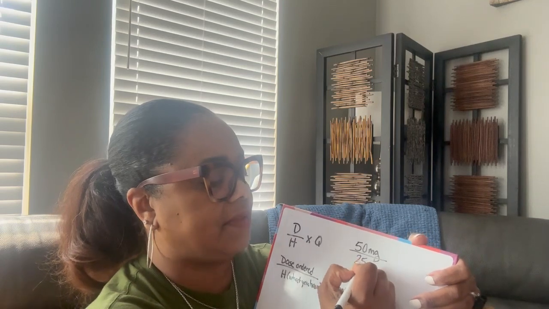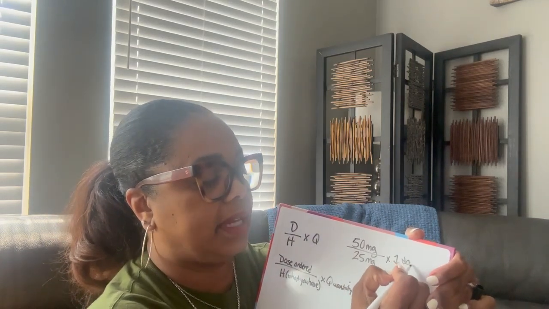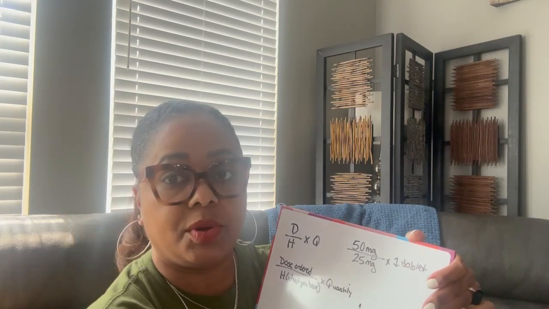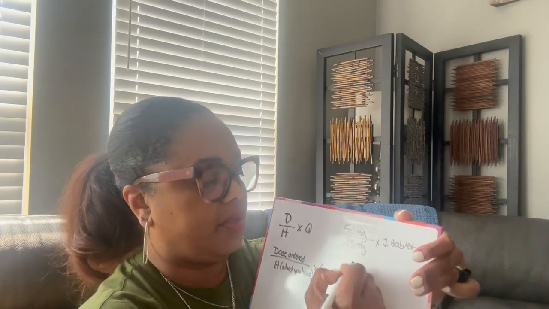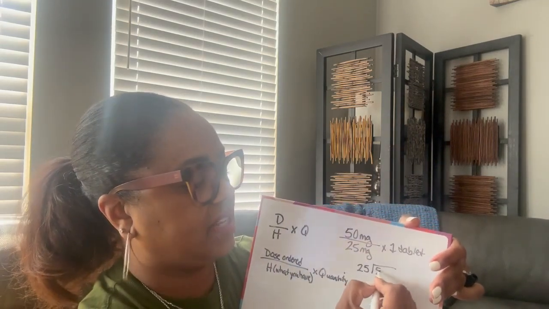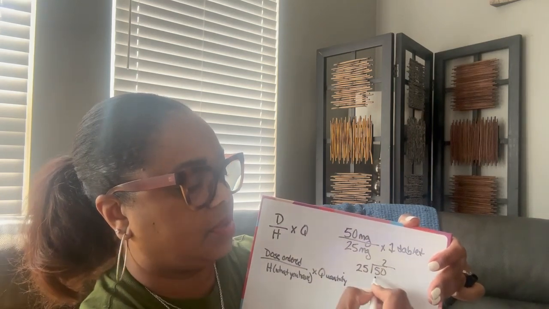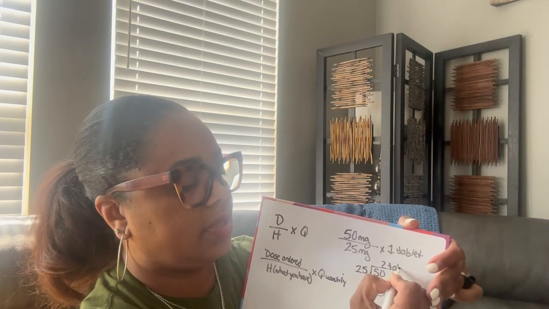On hand, I have 25 milligrams times one tablet, okay? Because I just showed you the label and it shows that in each tablet they have 25 milligrams. So this you would do as a simple division problem, 25 into 50, and that goes 2 times 25 is 50. So the answer is 2 tablets.